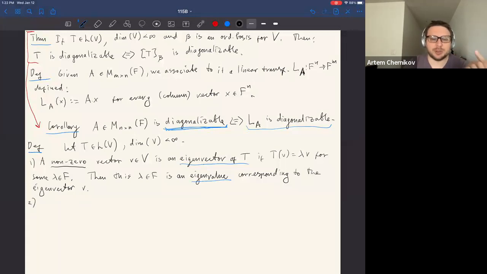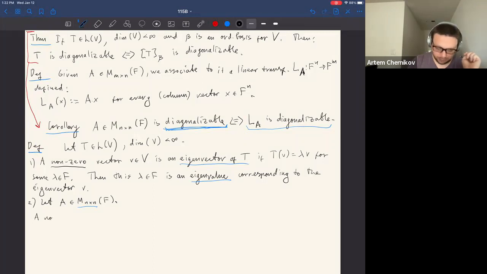Similarly, we can define the corresponding property for matrices. Assume that A is an n by n matrix over the field F. Remember that in such considerations we restrict to square matrices because we are talking about linear operators, a transformation from V to itself, so it corresponds to square matrices. The definition is essentially the same.